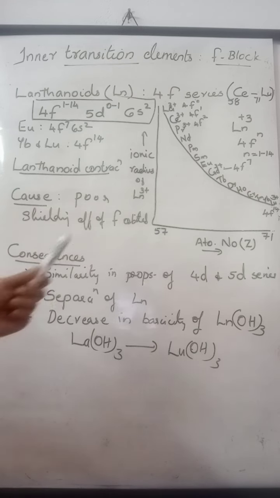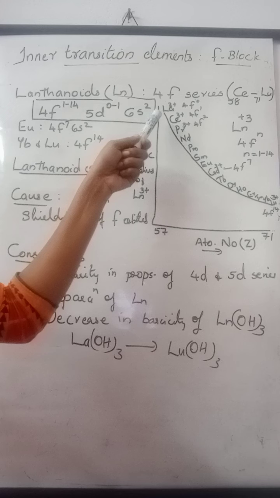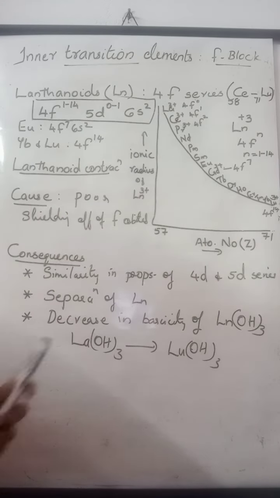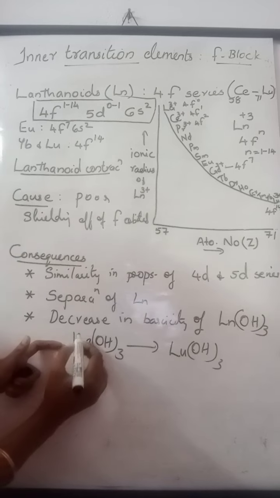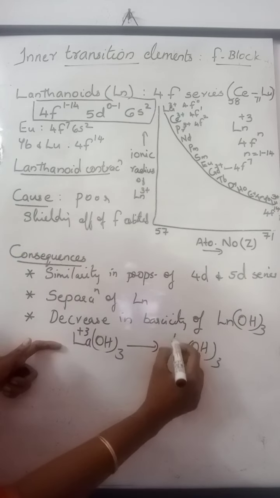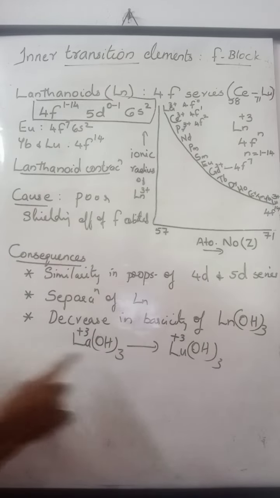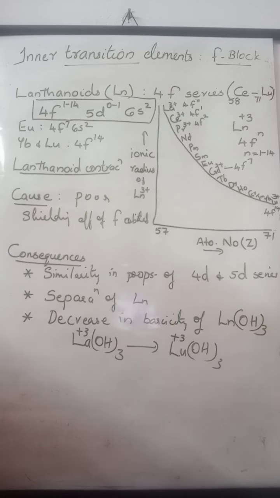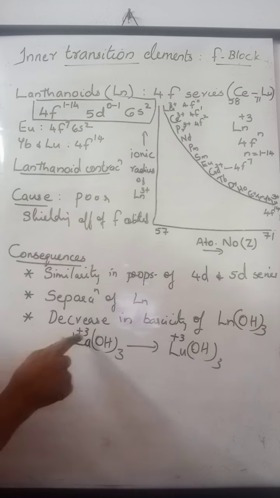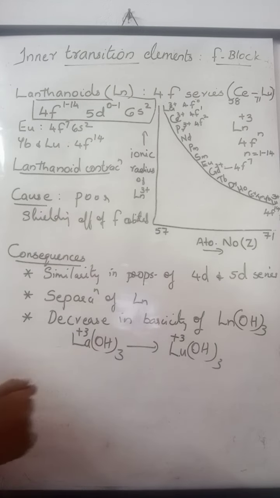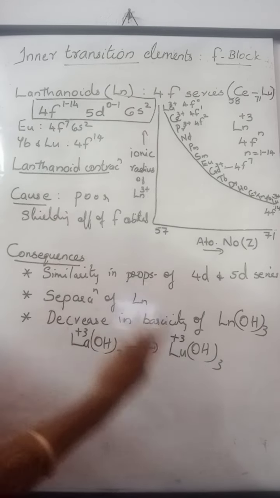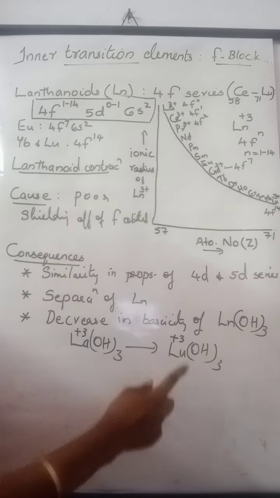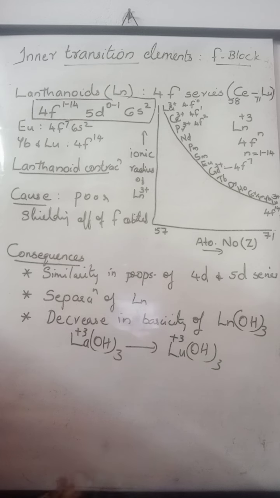As a result of lanthanoid contraction, the atomic and ionic size of the lanthanoids decreases. When the size decreases, that is lanthanum 3+ to lutetium 3+, smaller the cation, greater the covalent character. As the size of the lanthanoid 3+ ion decreases, covalent character increases. Fajan's rule: smaller the cation, greater the covalent character.